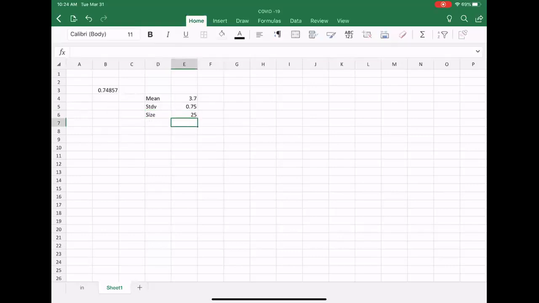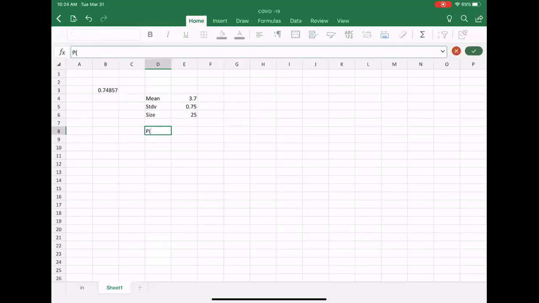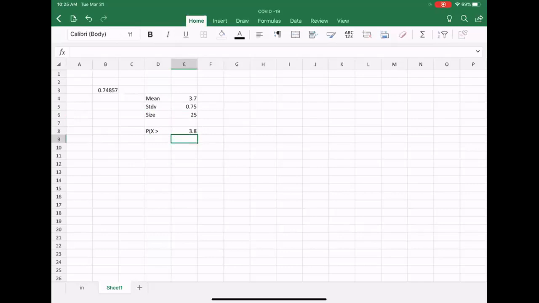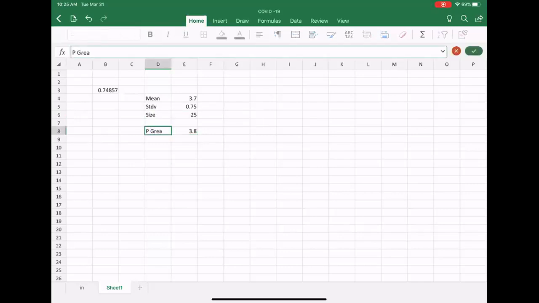Our first question was, what is the probability that X is greater than 3.8? No equal sign, 3.8. I'll just put the probability greater than 3.8 inside there.